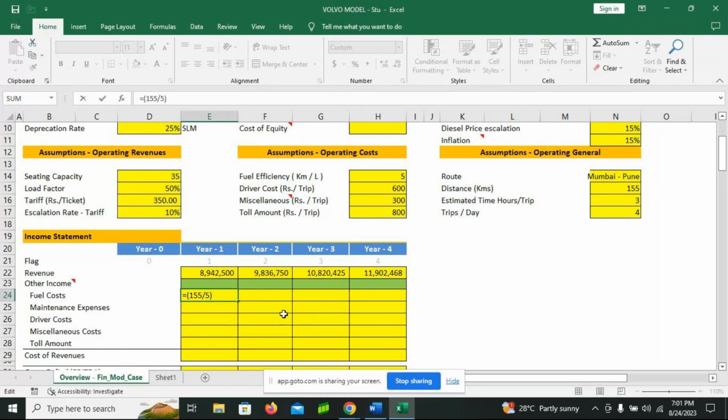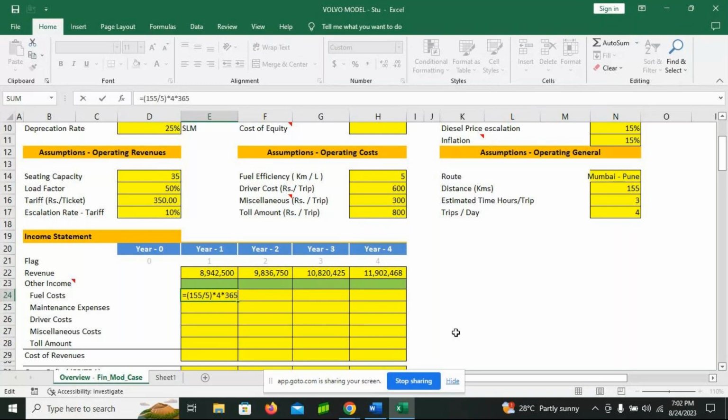So 155, that is the distance we are taking, and 5 is the fuel efficiency. So the efficiency is 5 kilometers per liter, into 4, as this is going to happen for 4 trips, and that I need to calculate for 365 days.